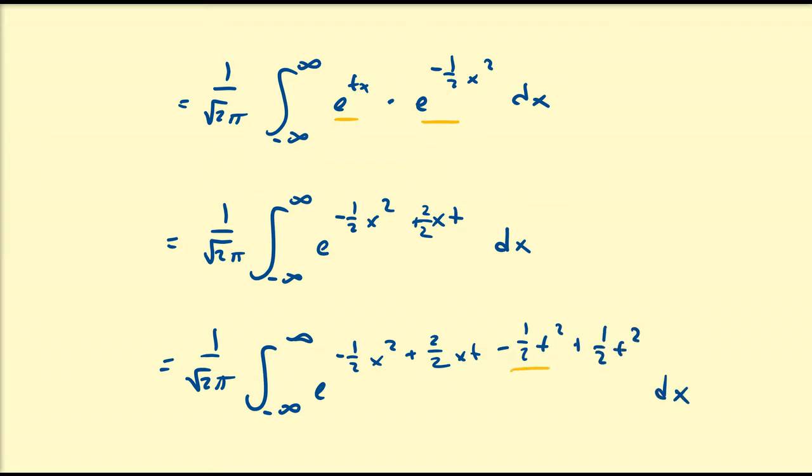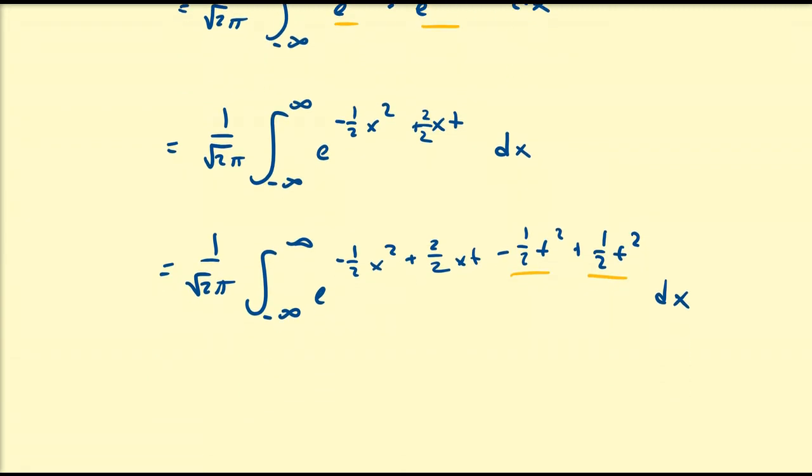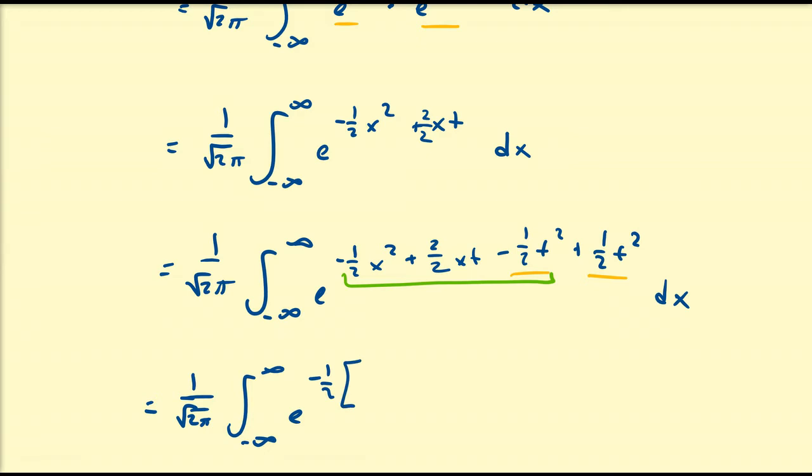That's just adding 0, so I haven't changed anything. Now I'm going to factor a half out of these three terms. So I have 1 over the square root of 2 pi times the integral from minus infinity to infinity, e to the minus 1/2 times (x squared minus 2xt plus t squared), and then I have this plus 1/2 t squared term, dx.